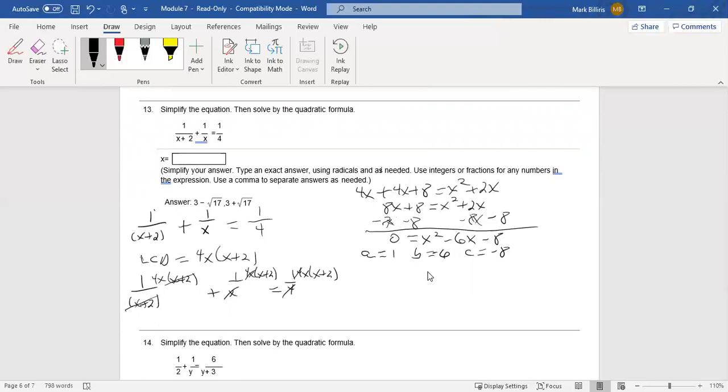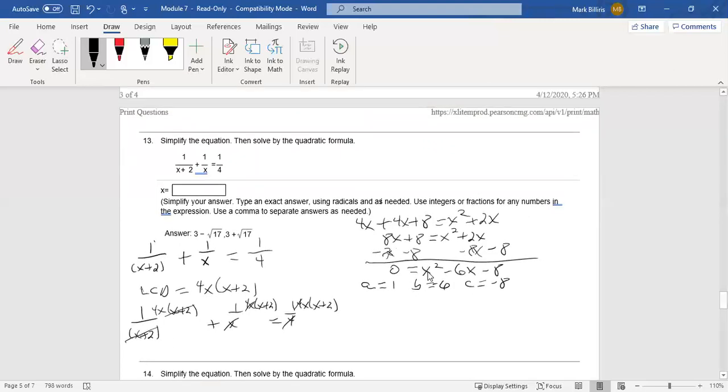So remember the quadratic formula, x equals the opposite of b. So in this case, b is -6, so this becomes 6, plus or minus the square root of b squared. So -6 times -6 is positive 36, minus 4 times a, which is 1, times c, which is -8, all over 2 times a, or 2 times 1.